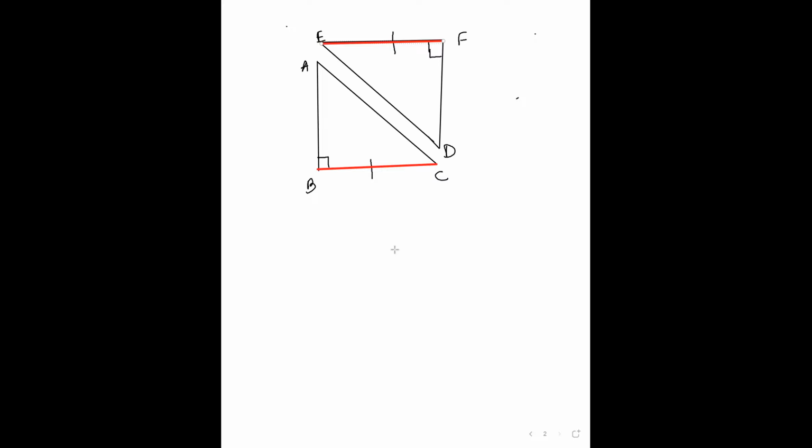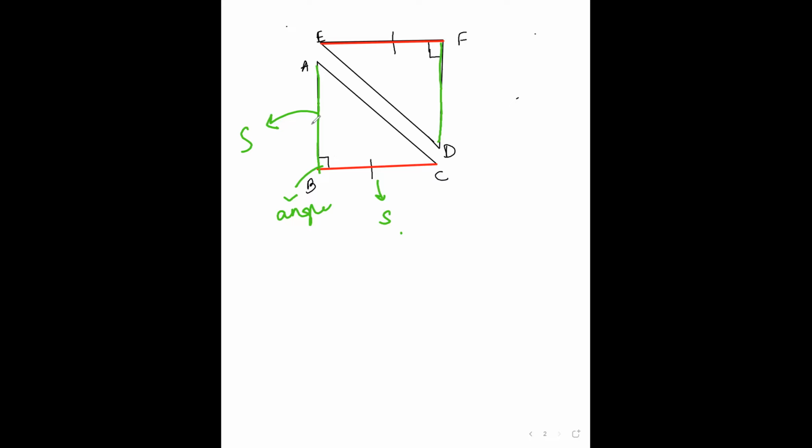See, if you had SAS rule over here, then what would you have? You would have this is one side, this is one angle, and this is another side. So you would have this side is equal to this side. In SAS rule, this is a side, this is angle, this is side.